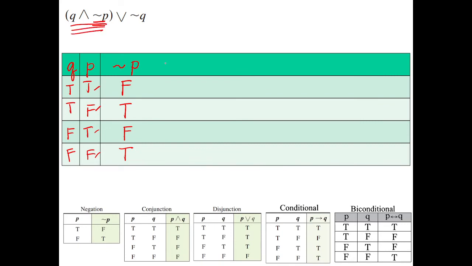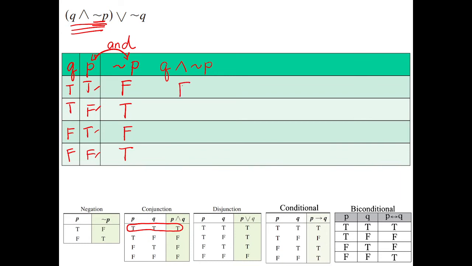Next. Atong isulat ang nasa parenthesis. So you have Q and not P. So I am using conjunction. Again, sa conjunction, dapat pareha siyang true para matrue siya. So, false and true is what?